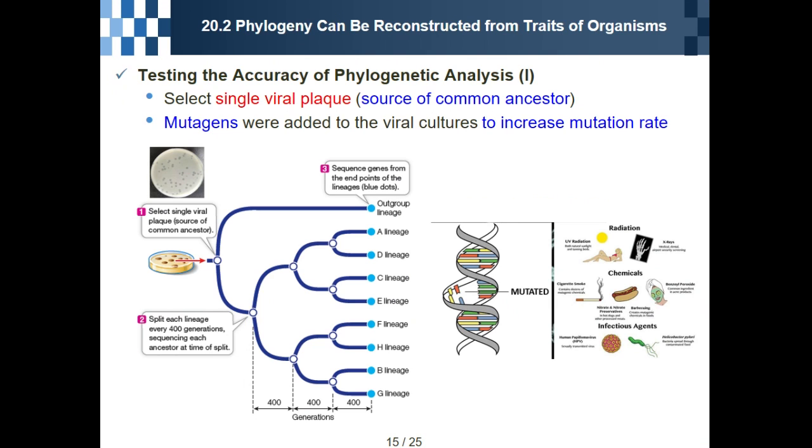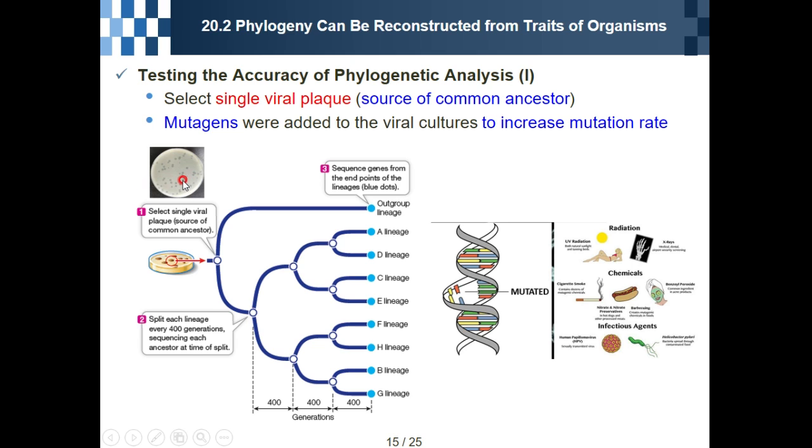This figure is very difficult to understand, but I will explain it very simply to you, okay? Even though you read the textbook, you cannot understand it. But I did it, okay? So this is recorded as a viral plaque.